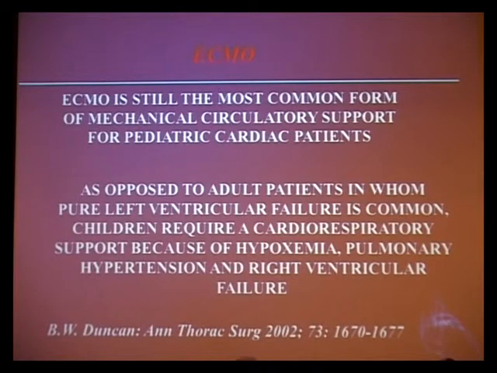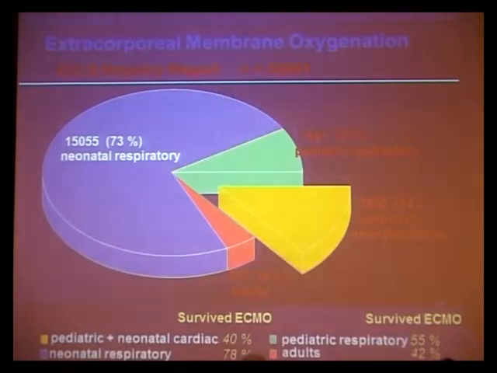This is opposite to the adult patient, who may benefit more from a single assistance device than ECMO. In effect, when we have a child that suffers from severe hypoxia, pulmonary hypertension, and right ventricle failure, we put this patient under ECMO.